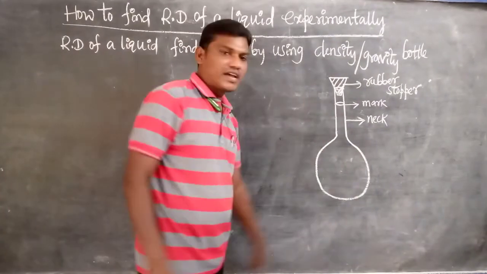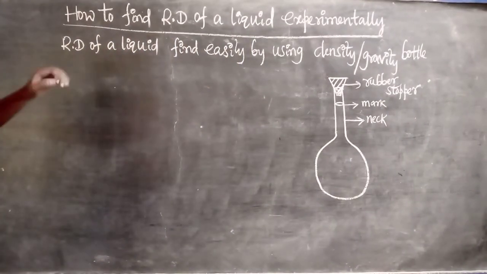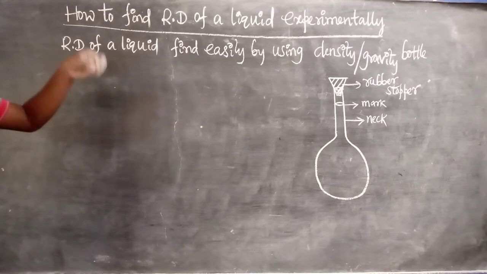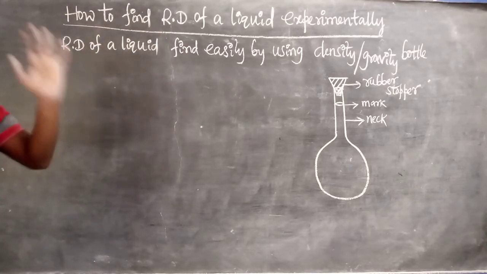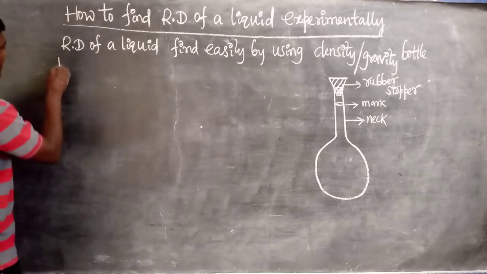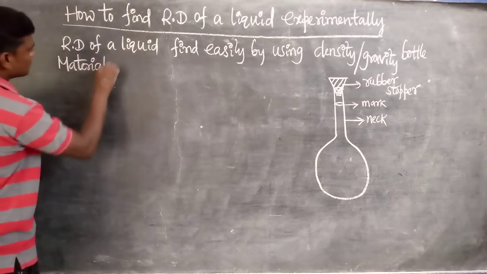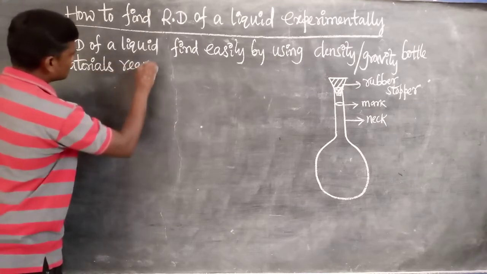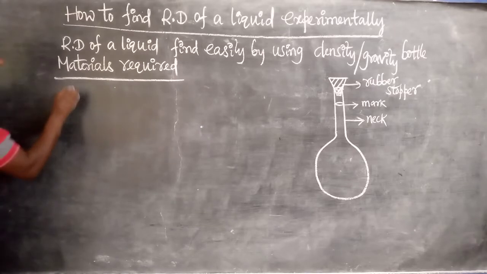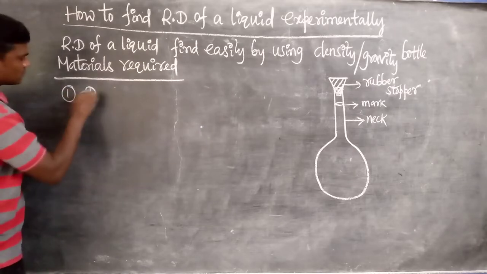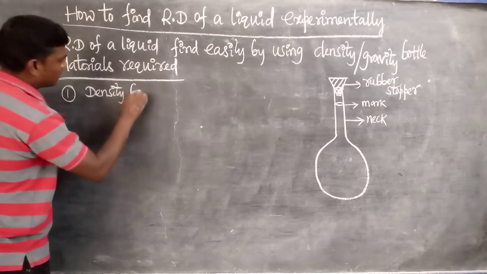So it is the density bottle, a rough diagram of a density bottle. We know very clearly, if we conduct any experiment, we must want some materials. What are the materials required for us? Density bottle.